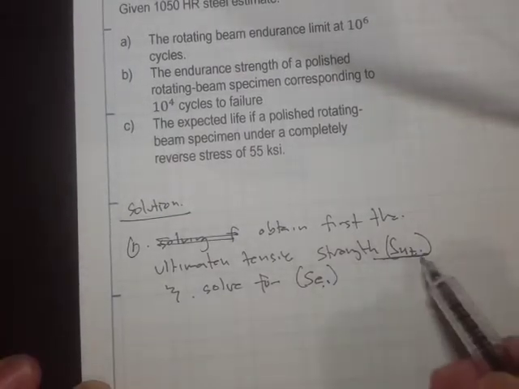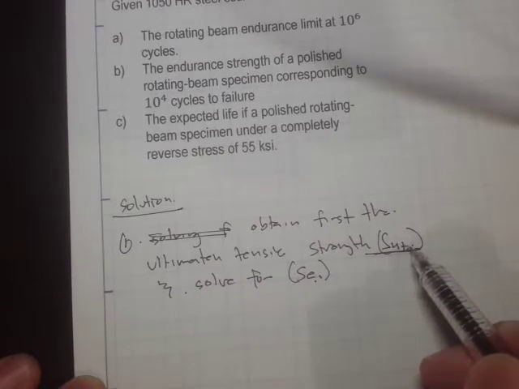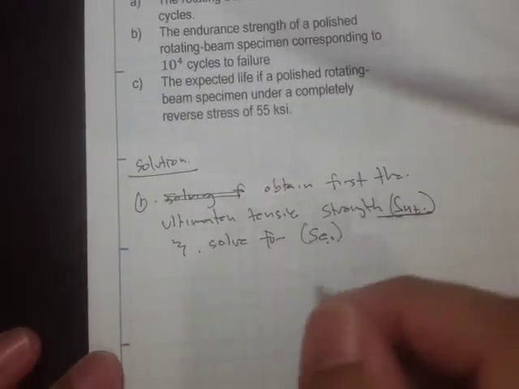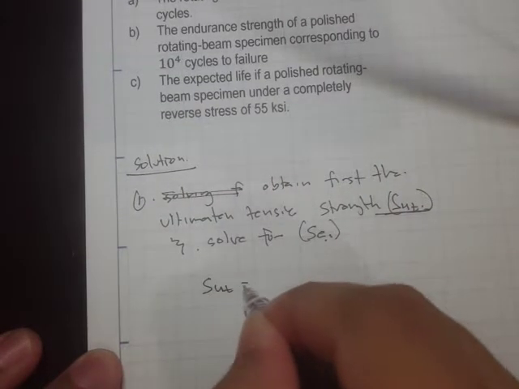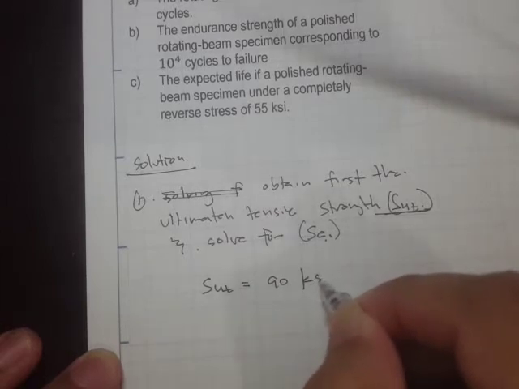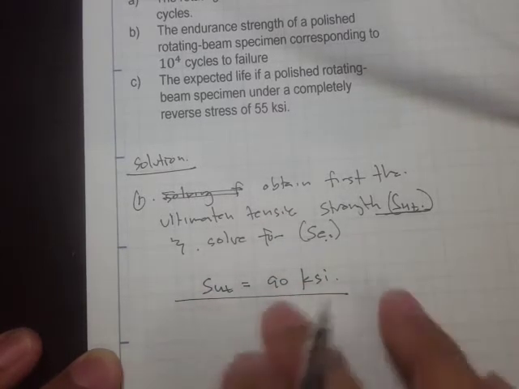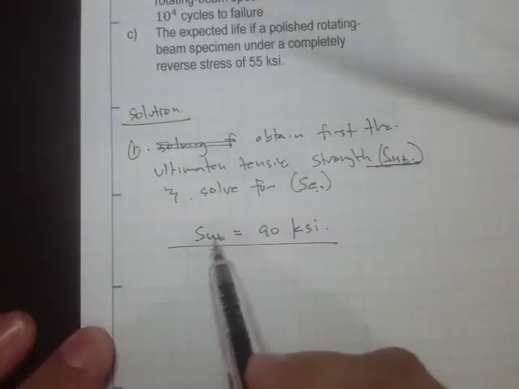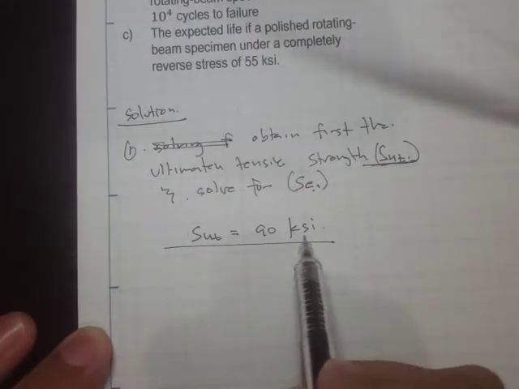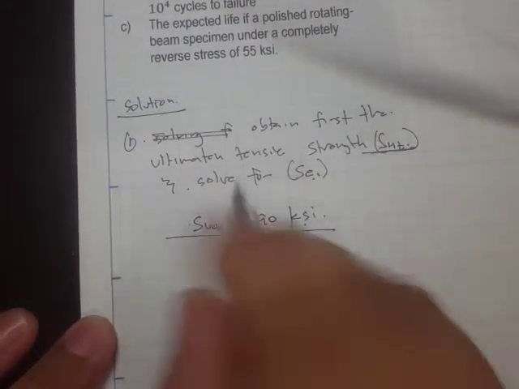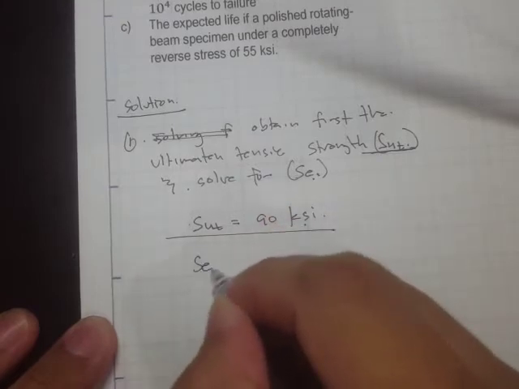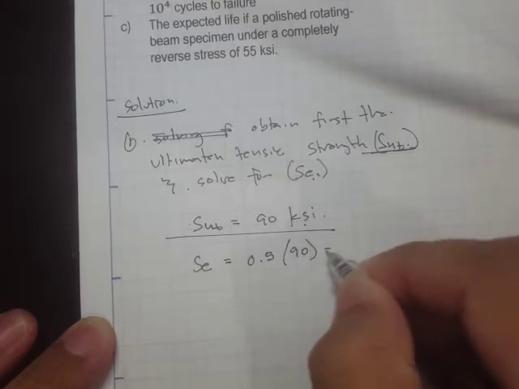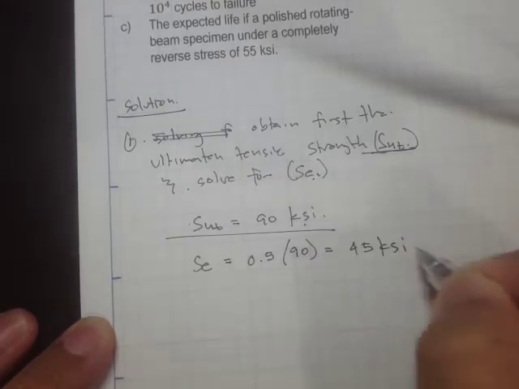The ultimate tensile strength is actually taken from tables, right? From the table, this SUT is equal to 90 ksi. If you check this 1050 HR steel in the textbook, you will find an SUT of 90 ksi. Since this is steel, the endurance limit is simply 0.5 of the ultimate tensile strength, and this is just 45 ksi.